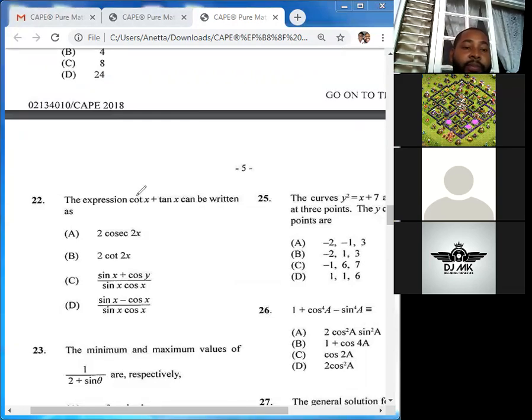Alright, how we have to break this down. Cotangent is the inverse of tangent. Let me start with tangent. Tangent is sine over cosine.